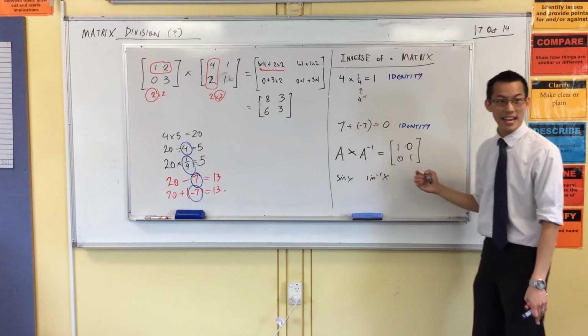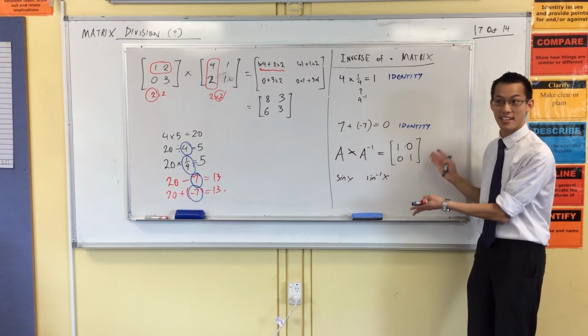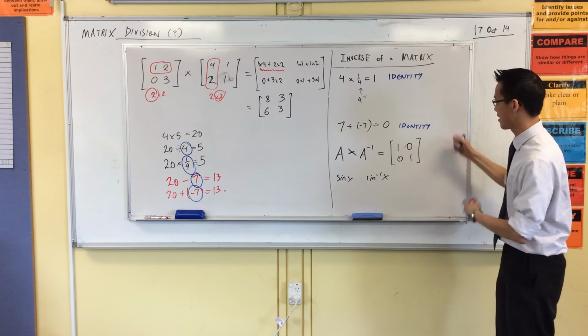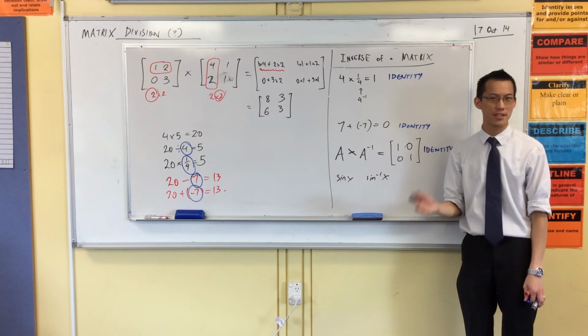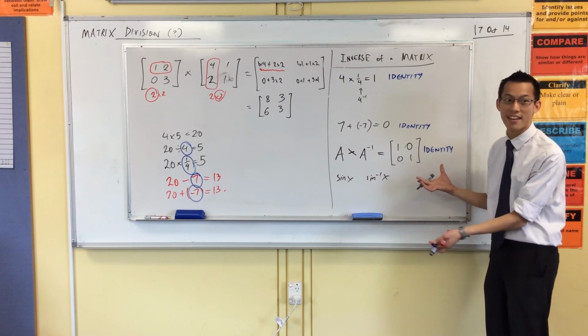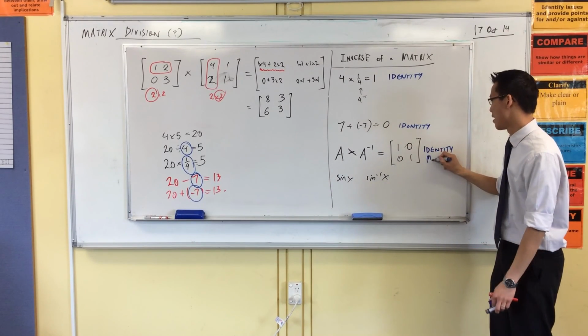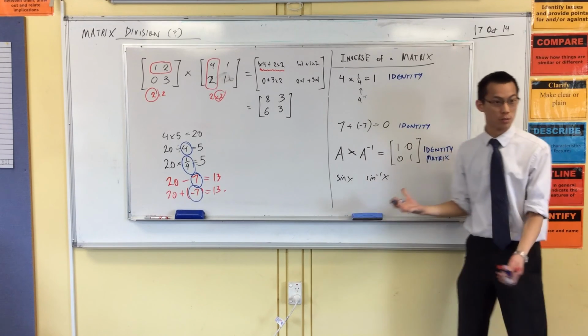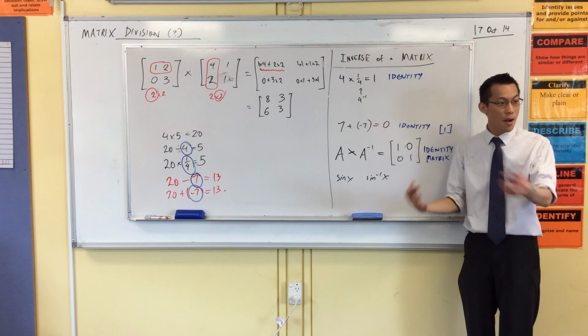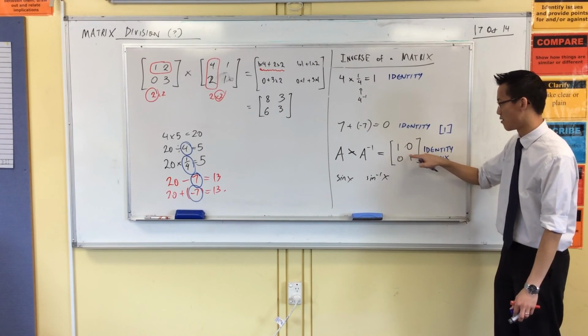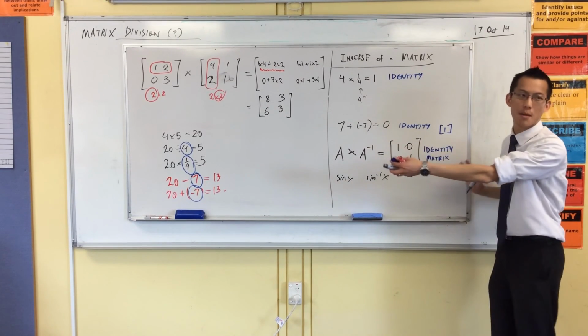This is the identity matrix. And I shouldn't say the identity matrix. I should say this is an identity matrix because there are smaller ones. This is the smaller one. It's a bit boring, right? And then there are bigger ones, which would have 1, 1, 1, or however many dimensions.